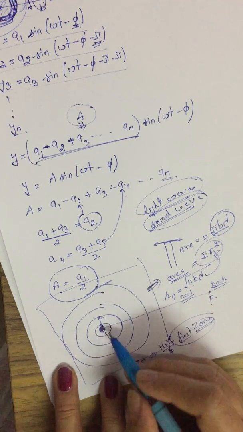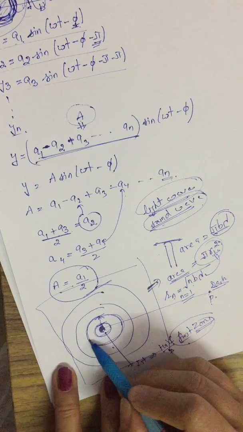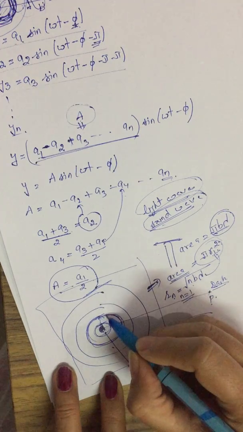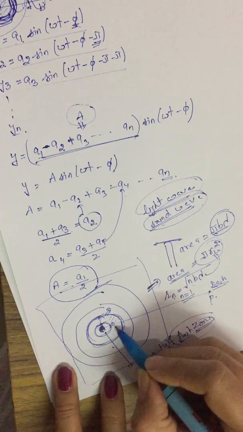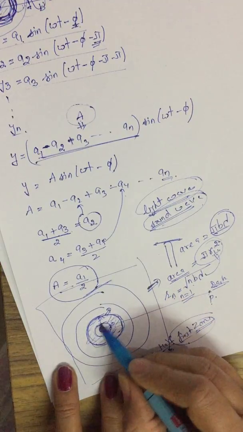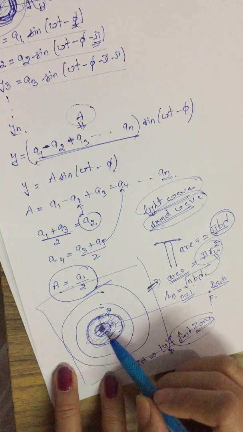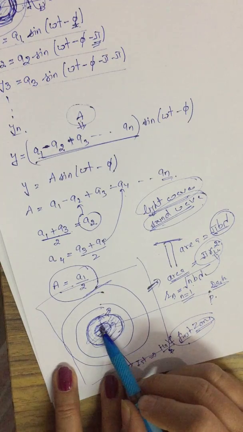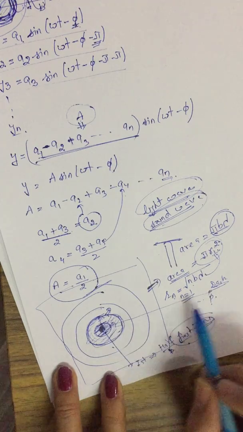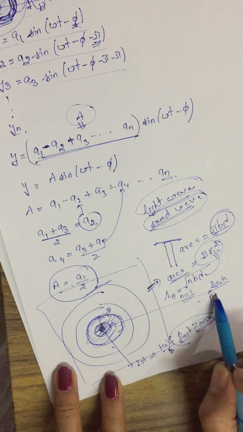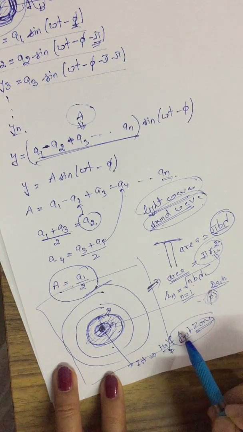Next, you will take the difference of the area of the second half zone and the first half zone. You will find again that the area of this part is equal to this part. It means all the half zone plates have the same area, and they show the same effect at point P: as the first half zone plate allows the waves to fall at point P, the second half zone plate is doing the same.